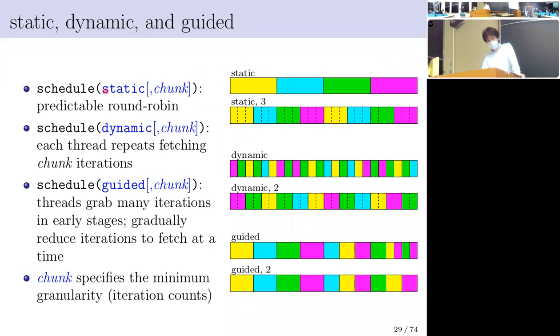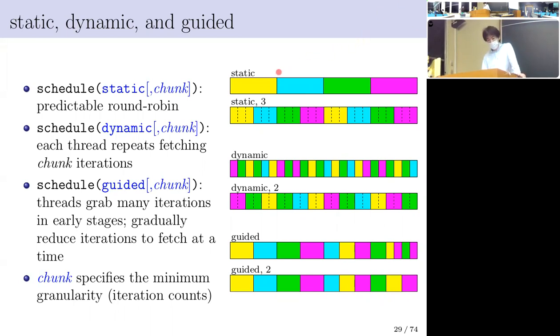When you simply say schedule static, then what happens is this. The color indicates which thread will be working on a particular iteration. This is often the simplest, and this is indeed the default in many cases. This works well for a loop whose iterations each get almost exactly the same amount of work.